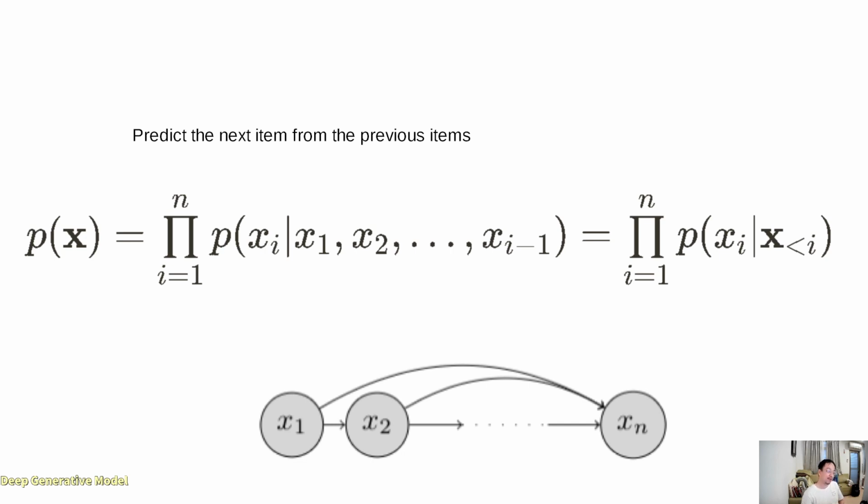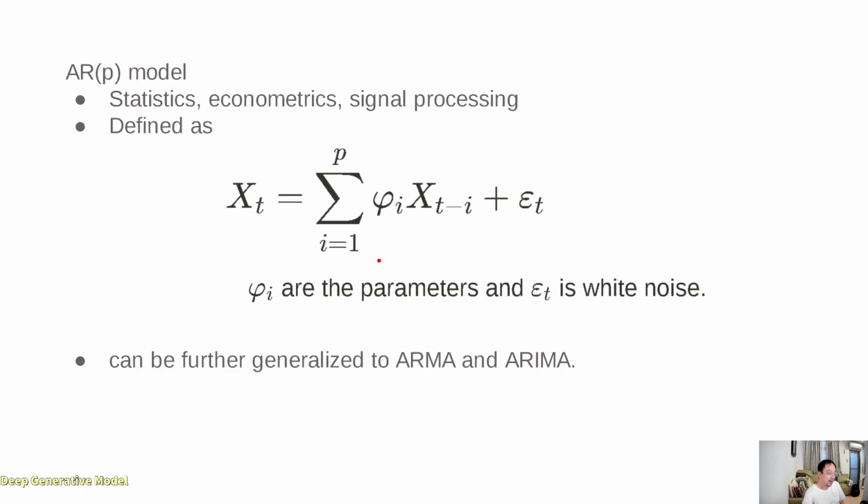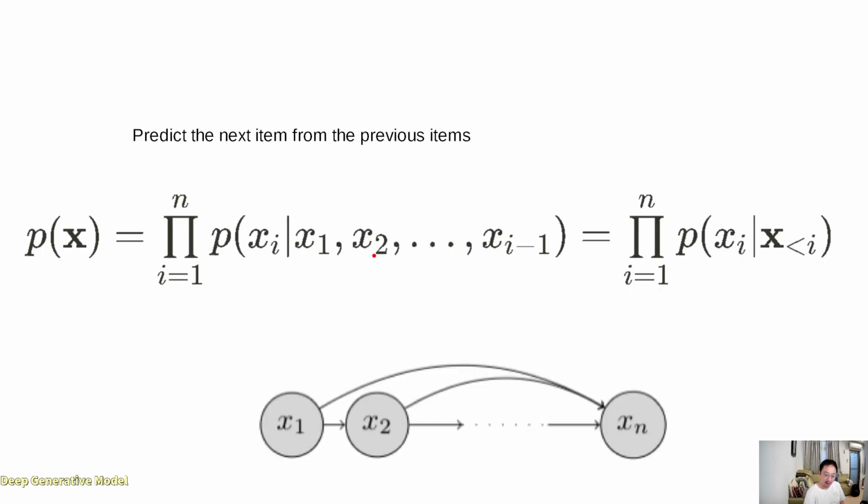This is basically the kind of model that we are going to call autoregressive models. So let me go to the whiteboard and explain it in more detail.